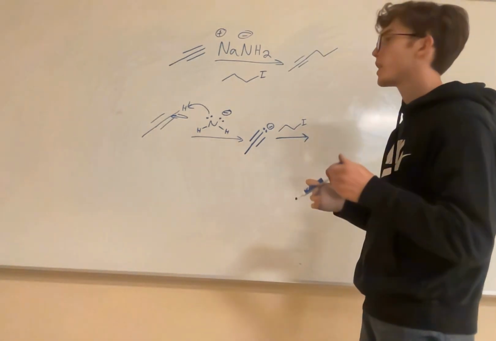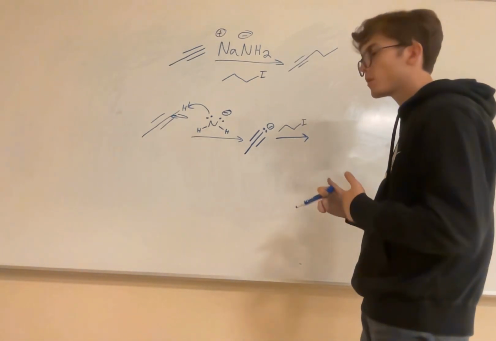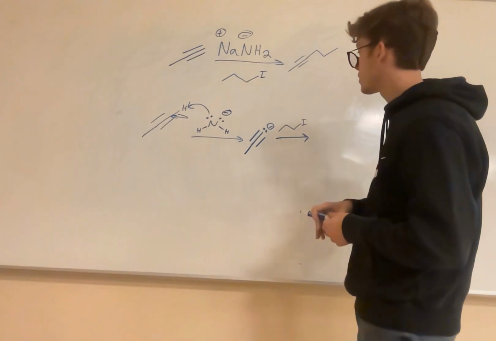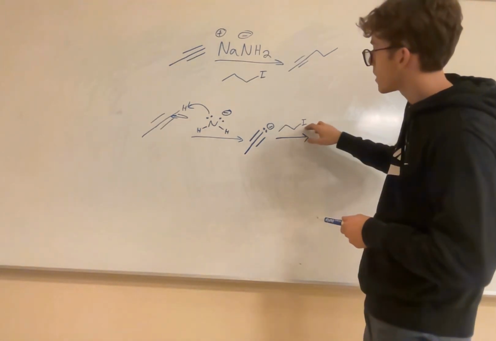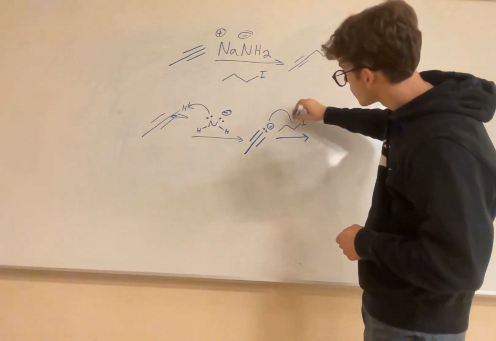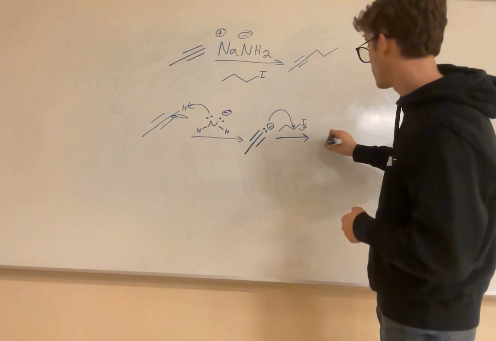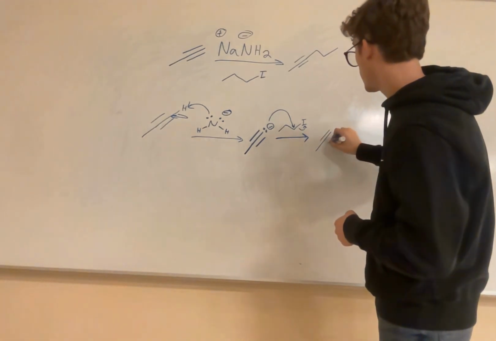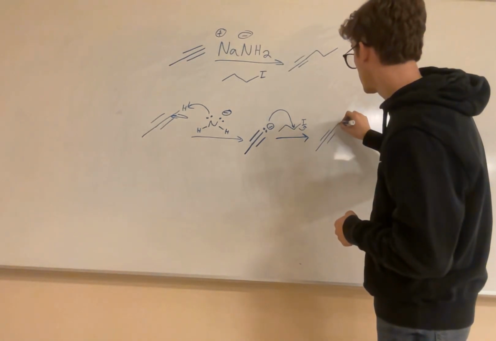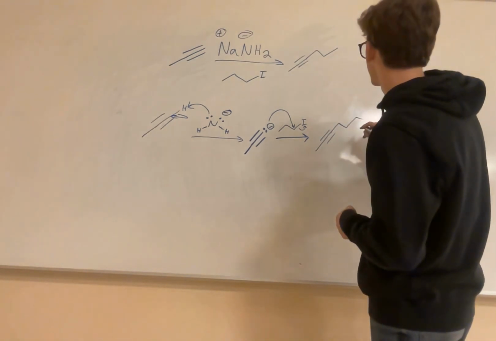Remember in your alkane chapter, your basic reaction mechanisms, we saw SN2, SN1, E2, E1. This is going to do SN2 in this case because this is a primary alkyl halide. So we just attack, and then iodide's kicked out, and we're going to get that bond, that bond, that bond, that bond.